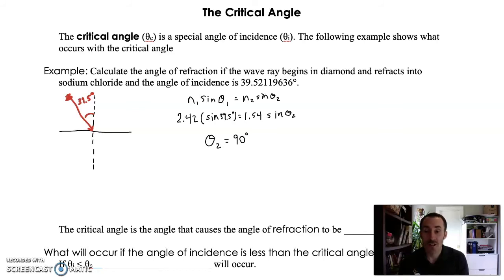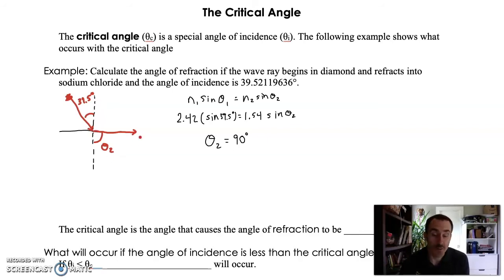If we diagram that out, the 90 degrees is between the normal line and the wave ray. So with this being the normal line, our wave ray would be running straight along our boundary, right? So this right here would be theta 2, or the angle of refraction. But if the light is running right along the boundary and you were standing in the second medium, you wouldn't see it, right?